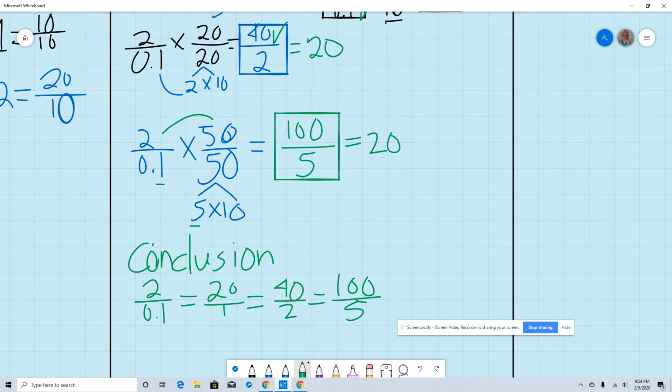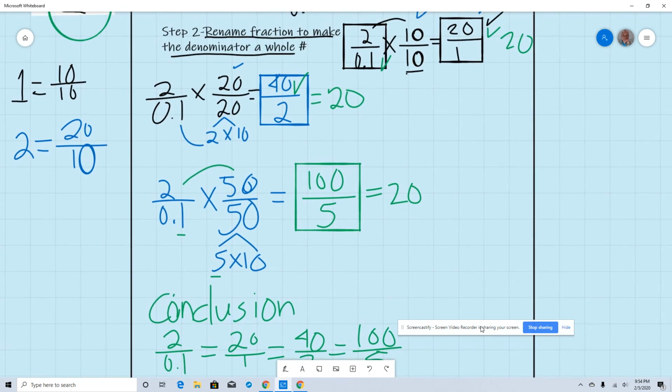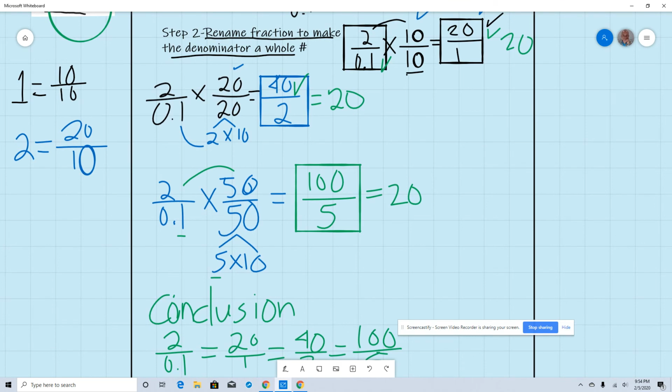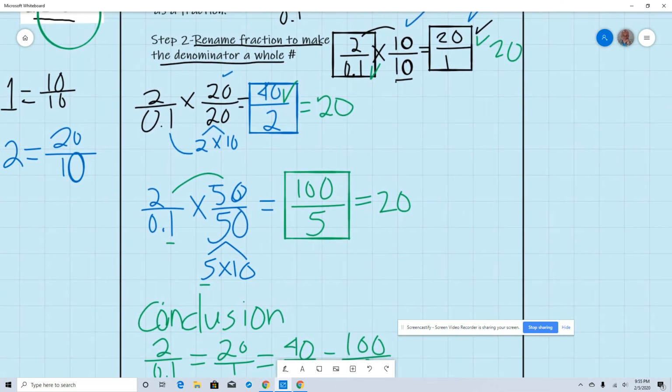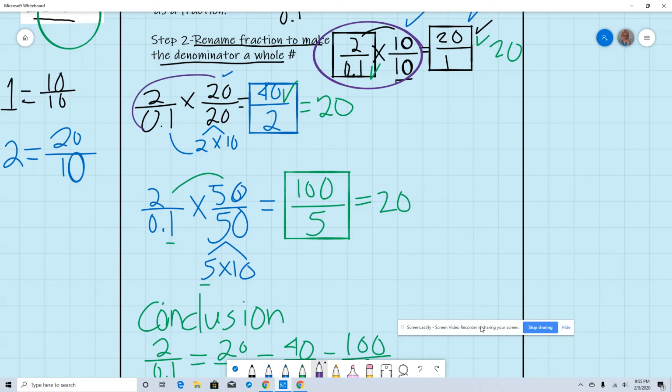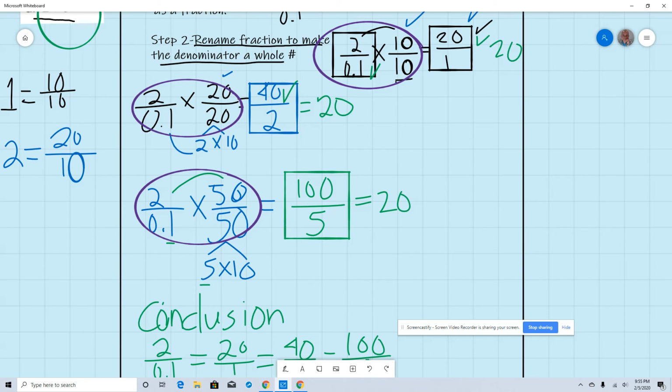We can also conclude that these three expressions are the same; they have the same value. We already demonstrated that because the answer for all of them is 20.